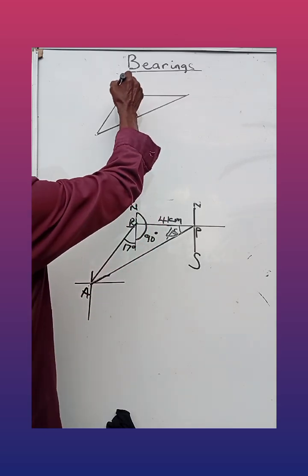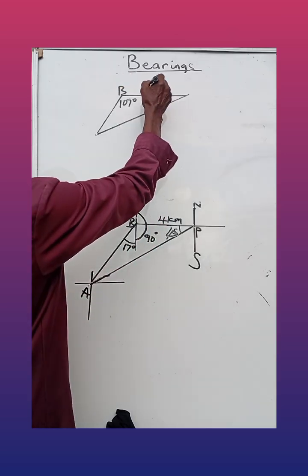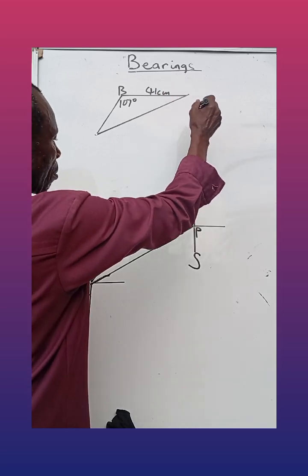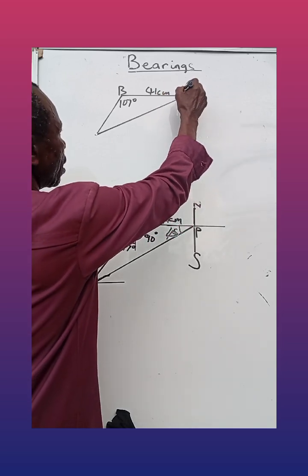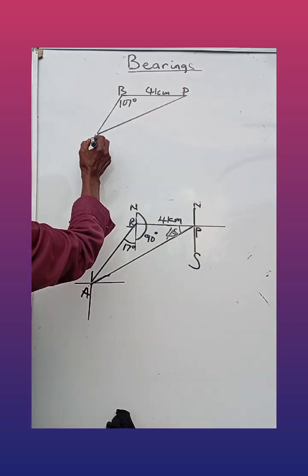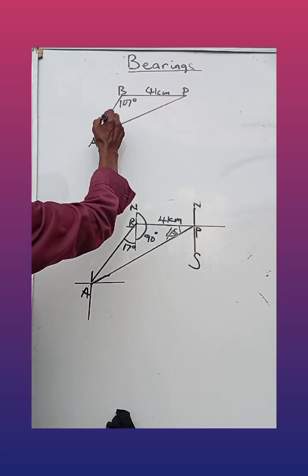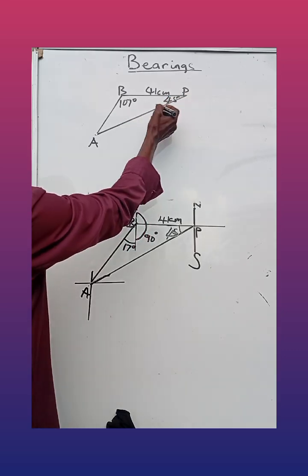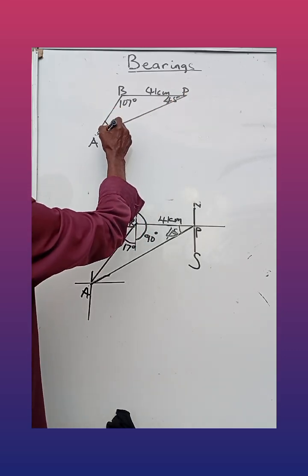This is my B. The distance there is 4 kilometers. Then this is my P, where he started to move. And then this is my A. I also have to determine this angle. If this is 45 degrees, now I should be able to get my A.